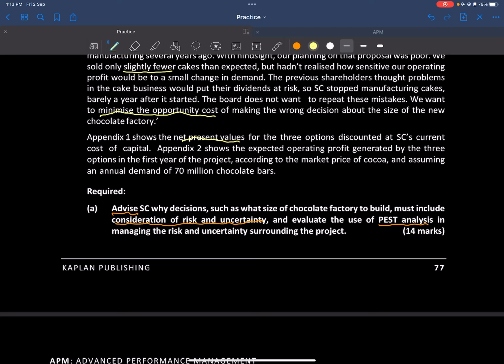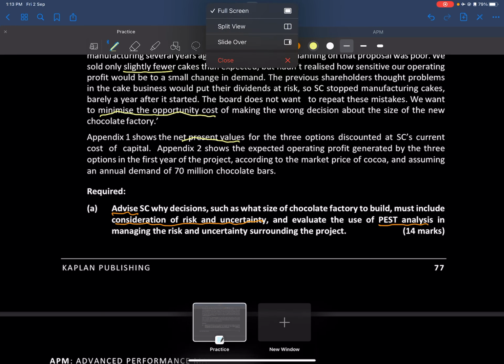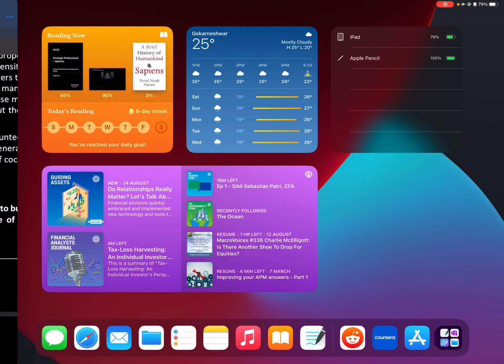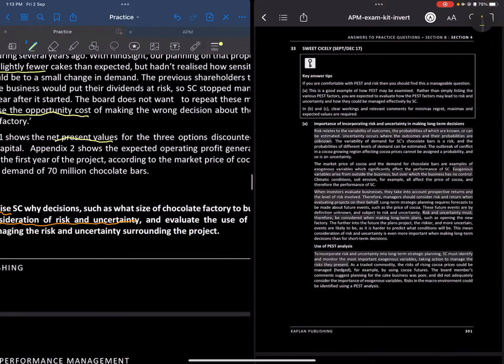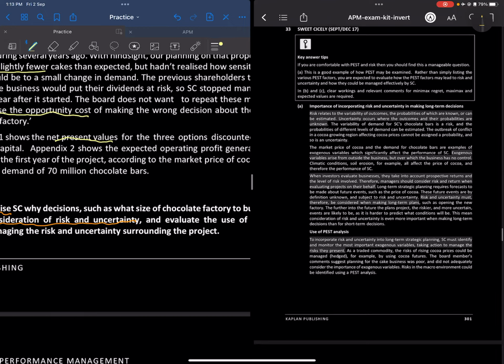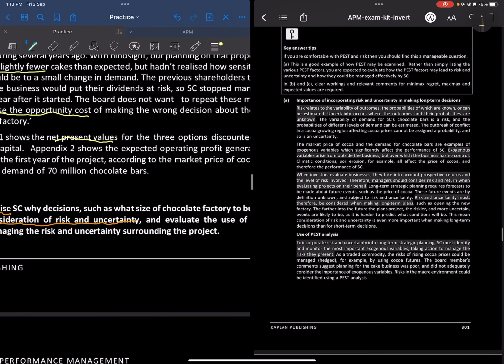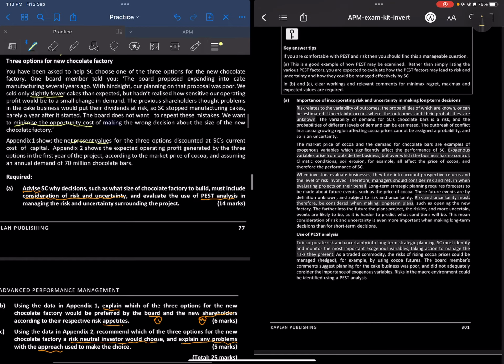Right, so first of all we need to advise. Let's just break down the question. What size of factory to build must include consideration of risks and uncertainty, and then we can use PEST analysis.